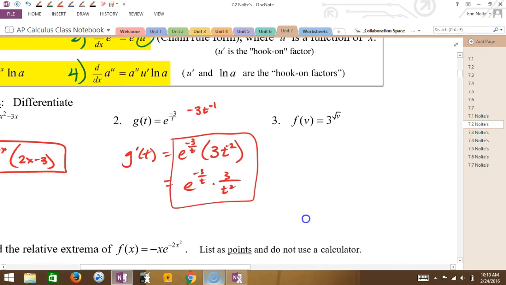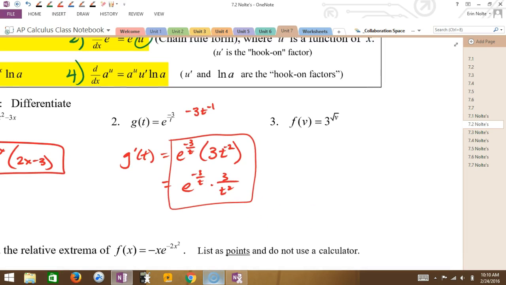All right, what about number 3? Which rule is number 3? 1, 2, 3, or 4? Base is 3, not an e. I'm reading this number one. It's number 4. See how the base is 3, it's not e? So remember this is the same as 3 to the v to the 1/2.